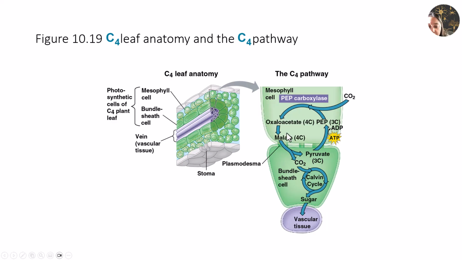Because they're interconnected directly by those plasmodesmata, they can just shove it into the bundle sheath cell, and that's what's going to finish making the sugars here in the Calvin cycle. And then it makes pyruvate, which can then go back and help remake PEP. So this is a way to still make sugar.